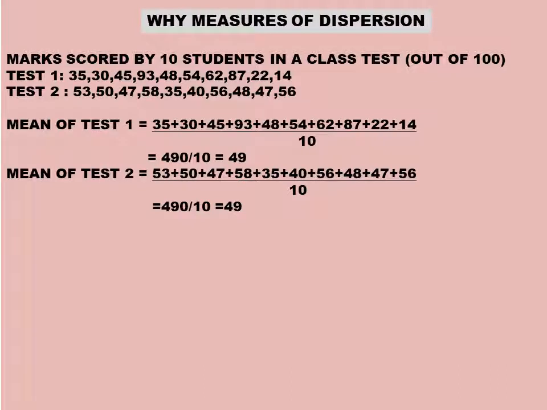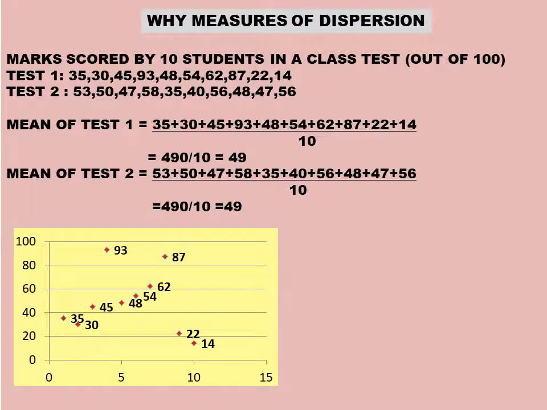And if you calculate the mean of test 1 and the mean of test 2, we'll find that both means come out to be the same, that is 49, right? But if you observe deeply, you will see that if you plot the graph of test 1, the data is very much scattered. Means there is 35, there is 93 as well, there is 14 as well.